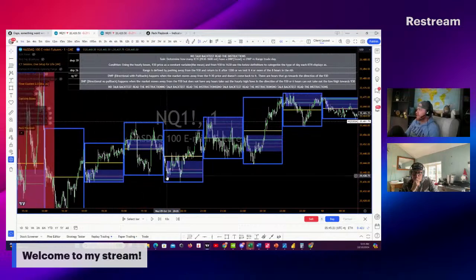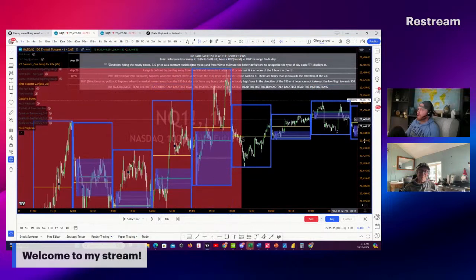I was trying to snipe this when it ran this low. I was trying to snipe this after I got stopped out from sniping this. I was trying to snipe everything, right? And you go broke real quick doing that. Trust me, I know. So understanding that, number one, this is a market condition, this is a range.